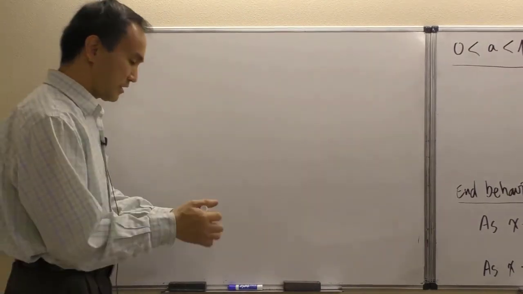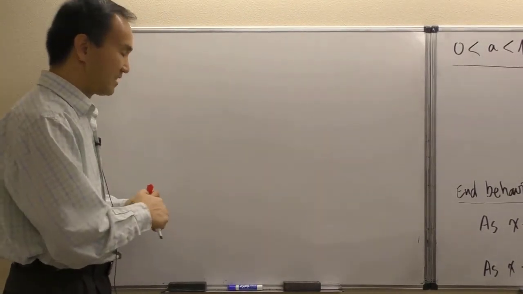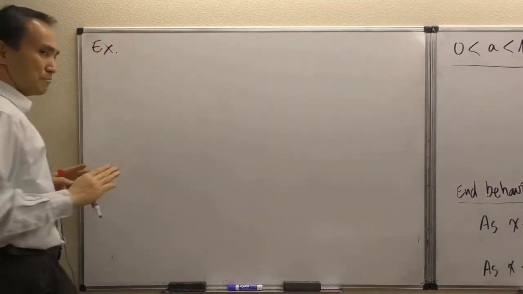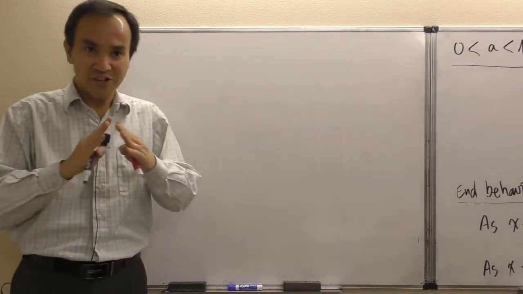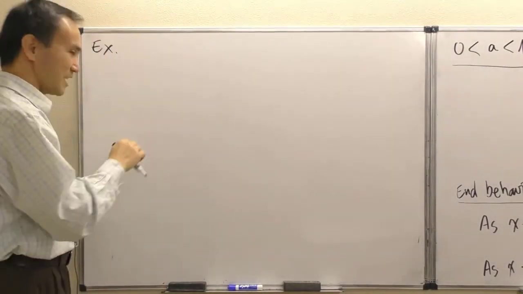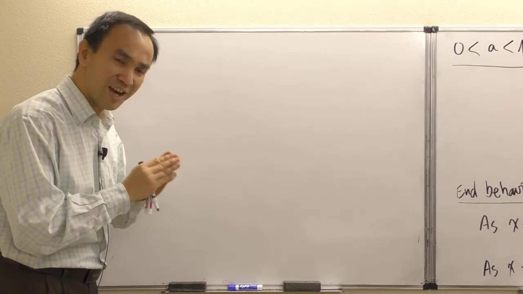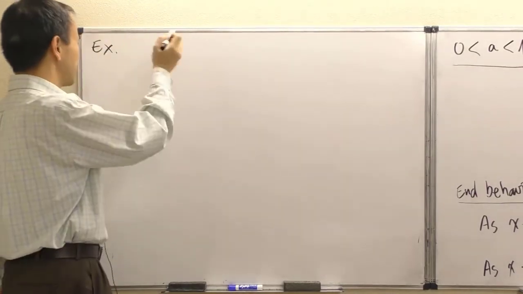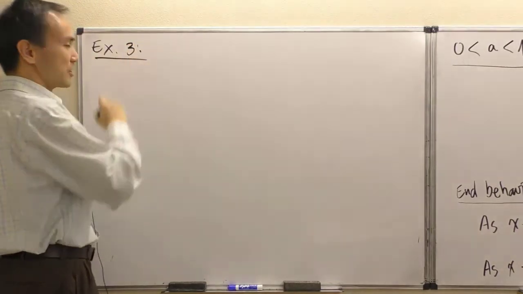All right, so now, with the understanding about the base and how the base affects the shape of the graph in general, after we've learned the two different cases, it's enough to look at this common kind of problem, and it's given throughout many textbooks out there. So let's bring it in as our example 3.